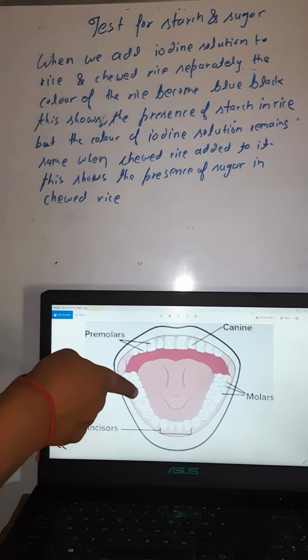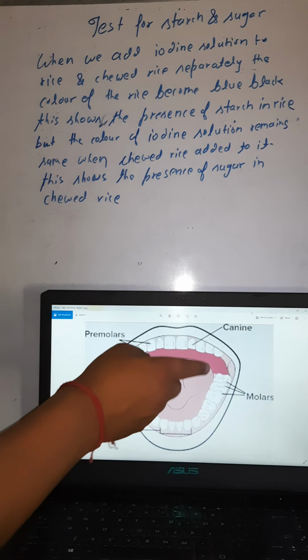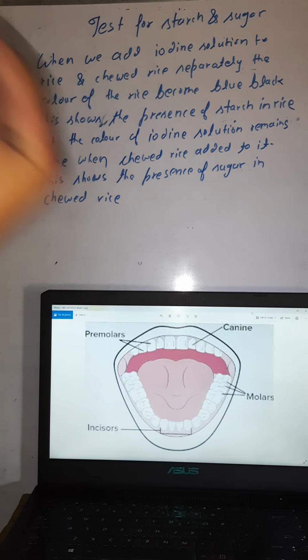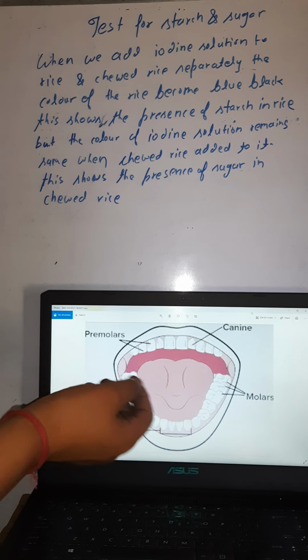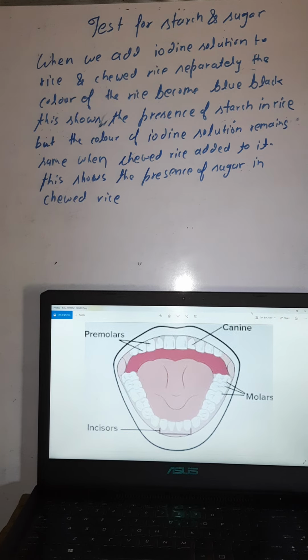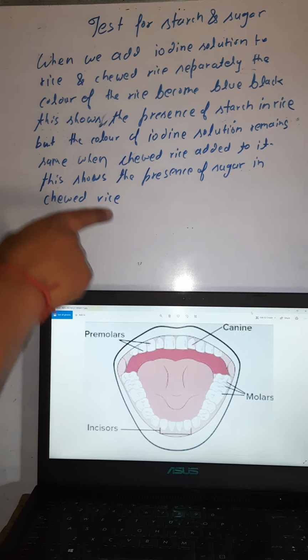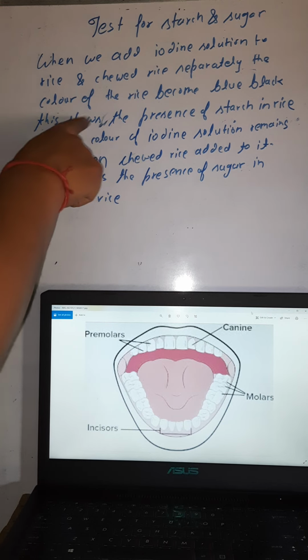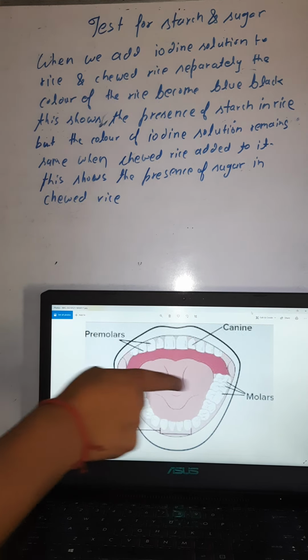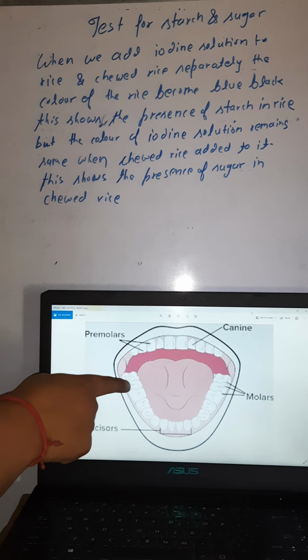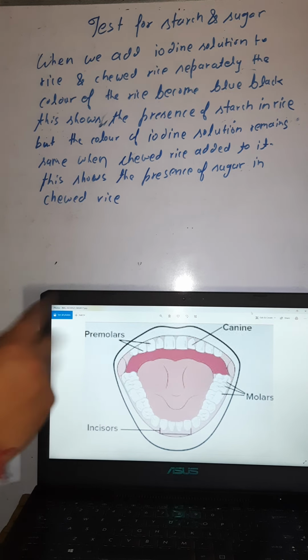Now some of the leftover food stays in your mouth, because you are not washing your mouth clearly all the time. Some children, some students, after eating they do not wash their mouth. So as the food has been digested into sugar, some of the food containing sugar will be left over in your mouth.